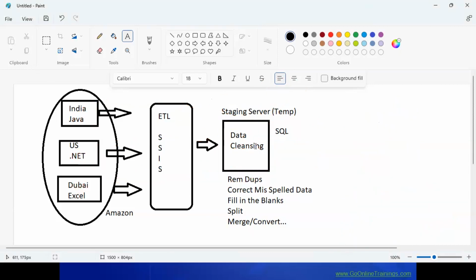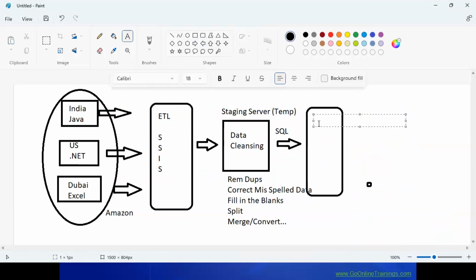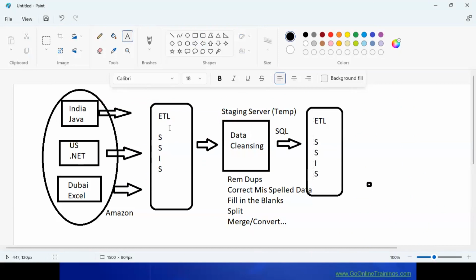The same thing, you clean the data here, the cleaned data, again SSIS is going to be implemented. So this is going to be taking the data from here, extracting the data, transforming the data, loading the data. Extract means read, transform means change or clean the data.